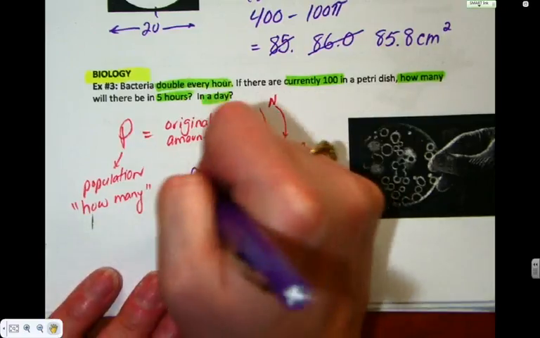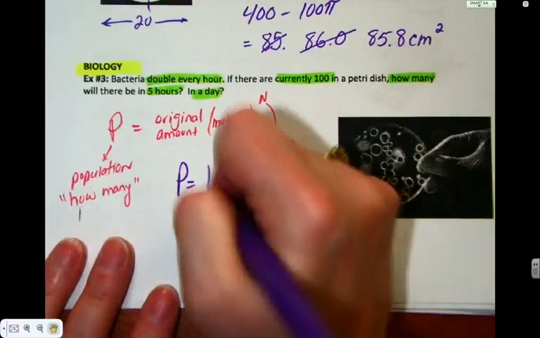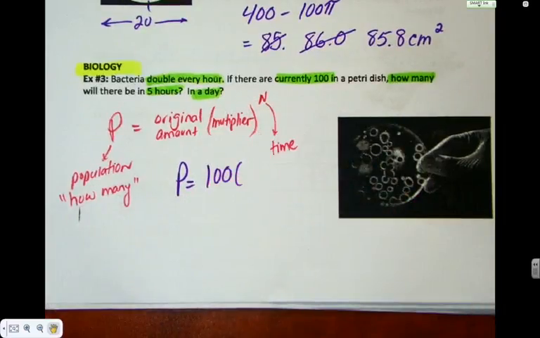So P is the population of bacteria. That's what we're trying to find. How many are there after a certain amount of time? What's the original amount of bacteria that we're starting with? 100. The multiplier refers to how often it's multiplying. Is it doubling? Is it tripling? Is it quadrupling? Is it halving? What's happening to our bacteria? It's doubling. And what's the number that represents doubling? 2.